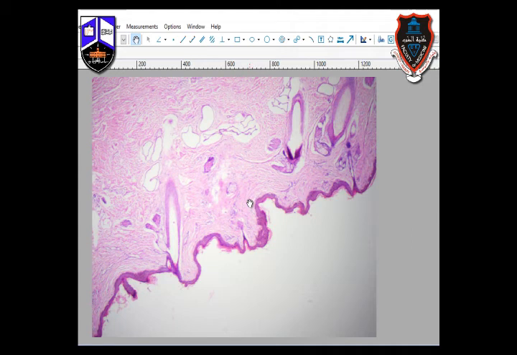We can see here, this is the epidermis and this is our dermis. The dermis of the skin is a type of dense irregular connective tissue.